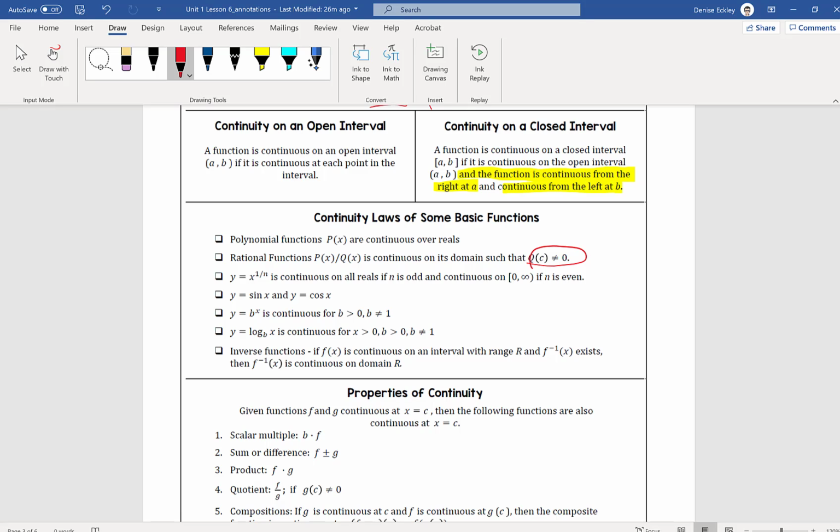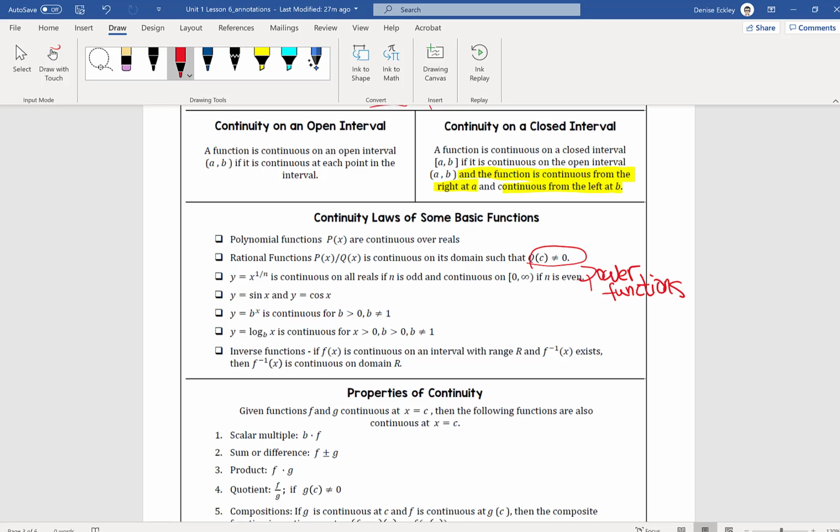Y equals x to the 1 over n is continuous on all reals if n is odd, and continuous on 0 to infinity if n is even. These are our power functions. If you remember the graphs of our power functions, for an even power it was continuous only from 0 to infinity, but they were continuous everywhere if n was odd.